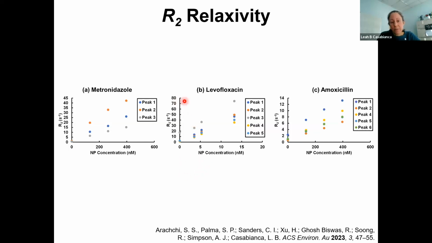So looking at the slopes and at these different axes, we see that the influence of the nanoparticles produces much greater relaxivity on the levofloxacin than the other two antibiotics. So this is in line with the signal intensity measurements indicating that levofloxacin has many more binding sites on the nanoparticle surface than the other two antibiotics.